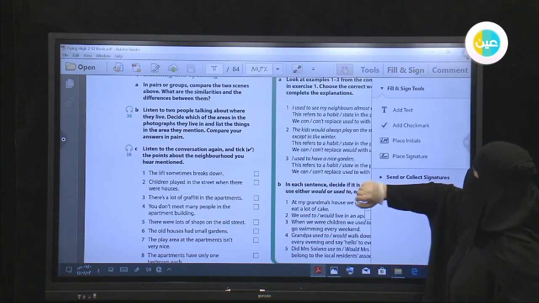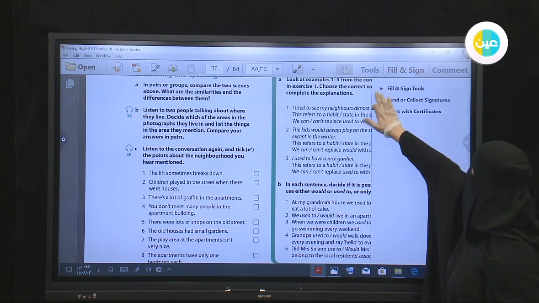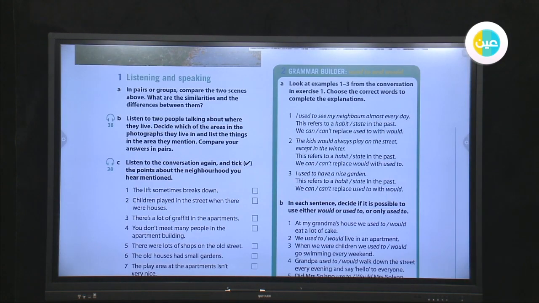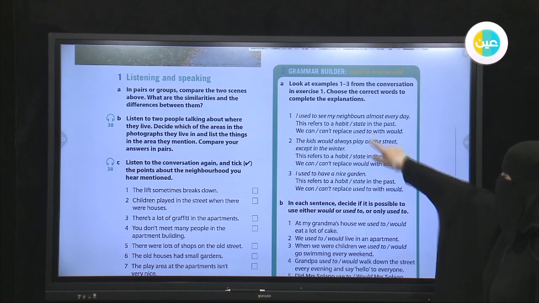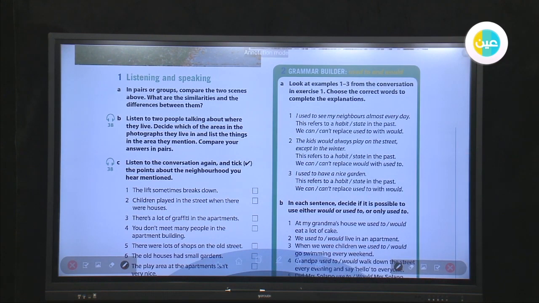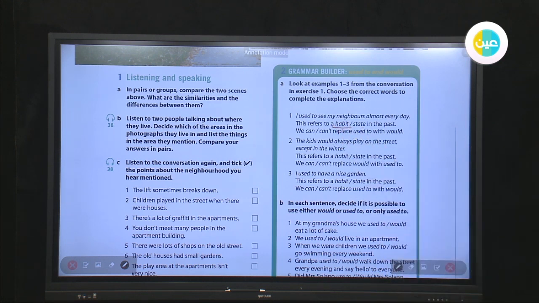Okay, I used to see my neighbors almost every day. This refers to a habit or state in the past. What does it refer to? To a habit or state in the past. Used to see my neighbors every day. This refers to a habit, something you do every day or every week, something you repeat again and again.